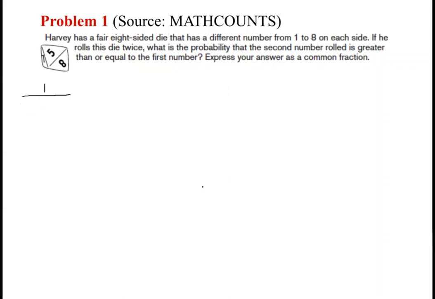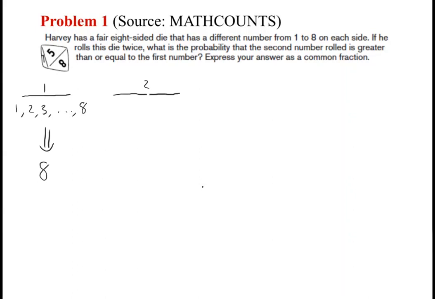So we can start that. He can roll a 1, 2, 3, all the way up to 8. And so if Harvey rolls a 1, then he can roll 8 different numbers for his second number.